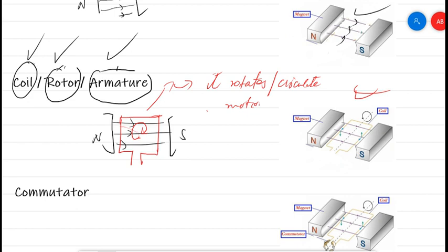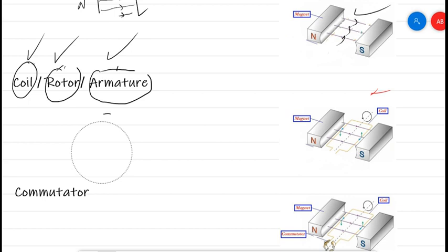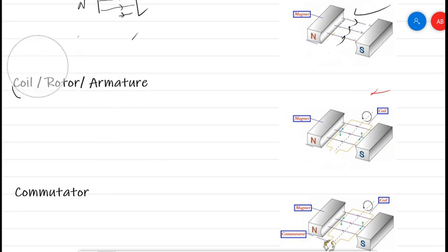Which motion? Circulatory motion. Okay, so we can say the coil or the armature is the part of the electrical device or the DC motor which rotates, and when it rotates, it produces motion. Which type of energy will we get? We will get the kinetic energy.